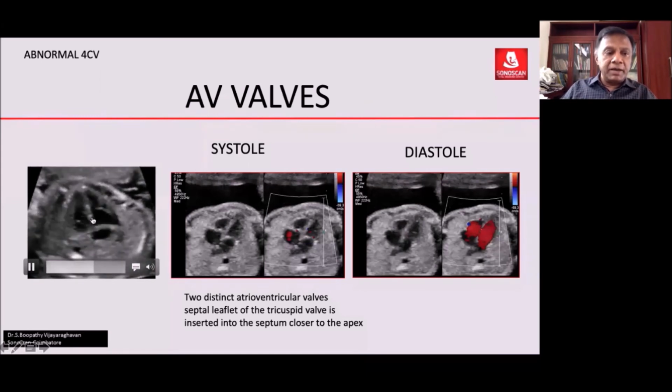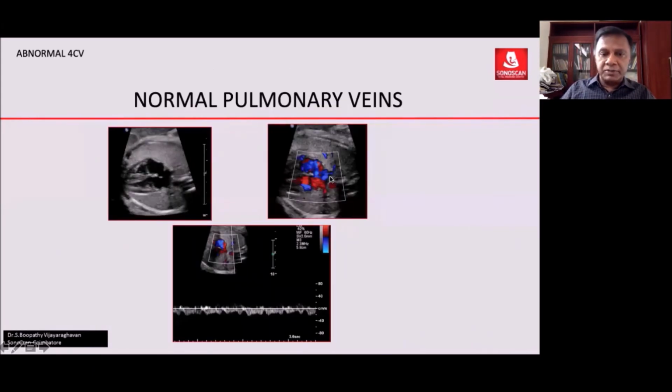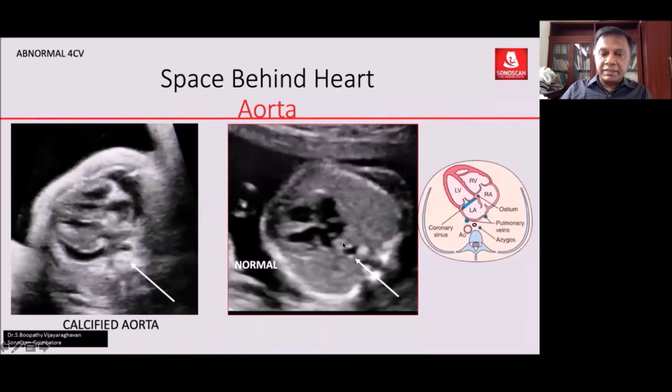You see the two separate valves, closed in systole, and in diastole the mitral valve is open, but the tricuspid valve is seen in both systole and diastole. And in color, you must go from the lateral approach, and you see the two pulmonary veins in opposite color. And when you do spectral Doppler, you get the typical M pattern in the esophagus there.